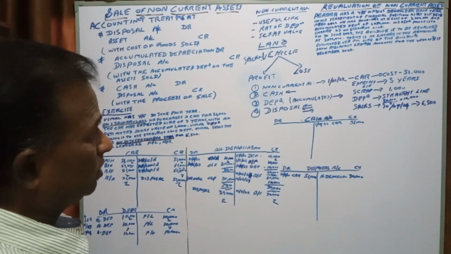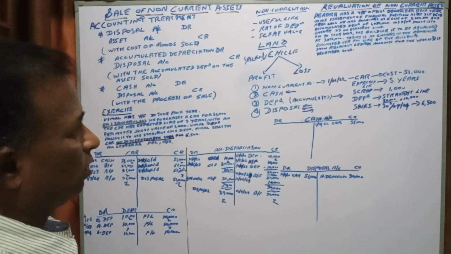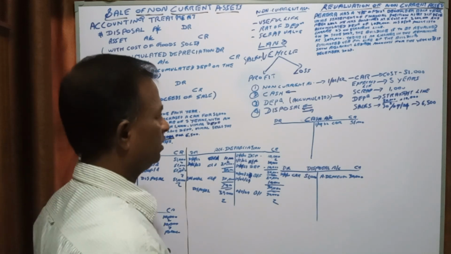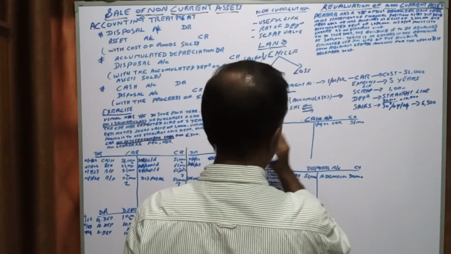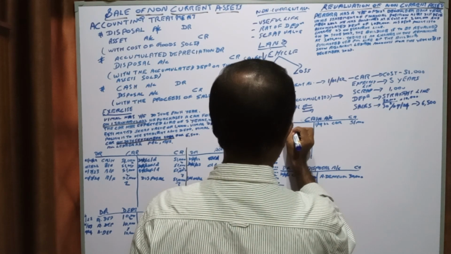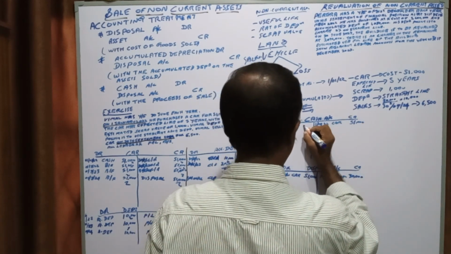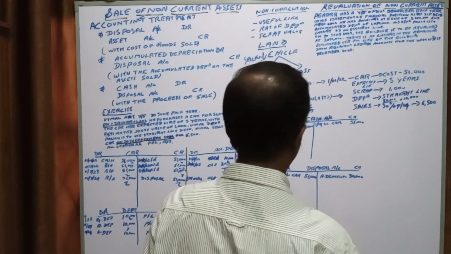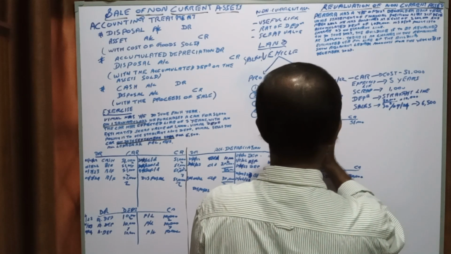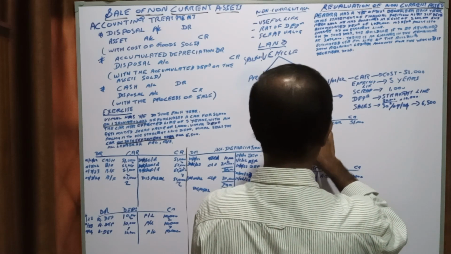Now we are receiving the cash of 6,500 on the sale of the car. Cash account debit, disposal of car 51,000, and disposal account is credited 6,500.